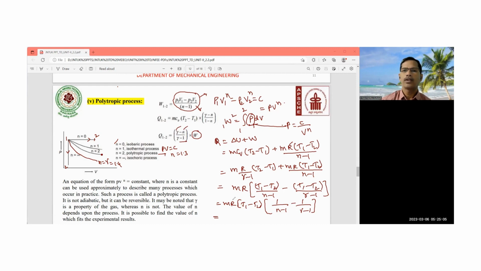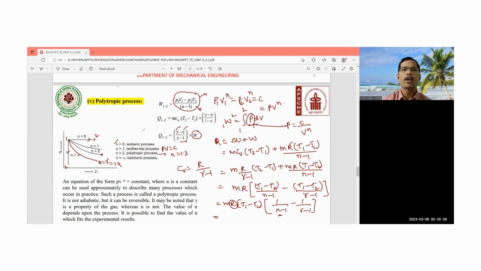And here also you need to substitute. What is this R? That R is nothing but equal to, in terms of this relation, that is Cv is equal to R by gamma minus 1. Or in other words, after writing this gamma minus 1, then you will get the n minus 1 as the polytropic work done, right?